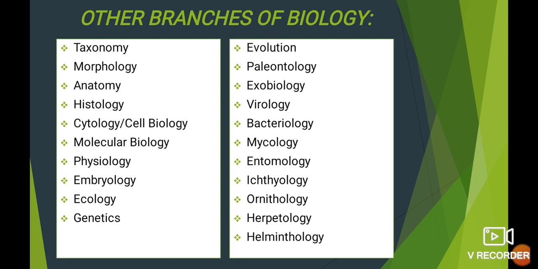We have kingdom, so we belong to the kingdom Animalia. Next, we have phylum, class, order, family, genus, species. Those are examples of what taxonomy focuses on, how to name and classify an organism. The basic naming is the scientific name. All organisms have their scientific name. That is the focus of taxonomy.